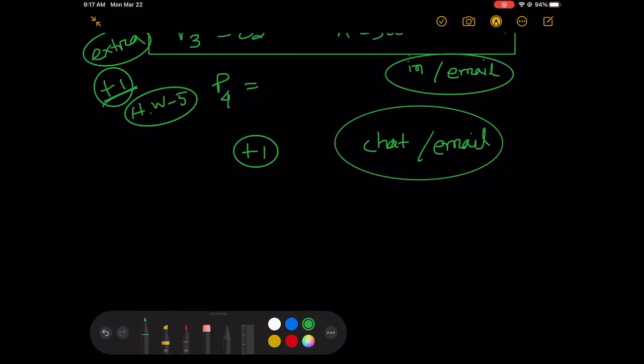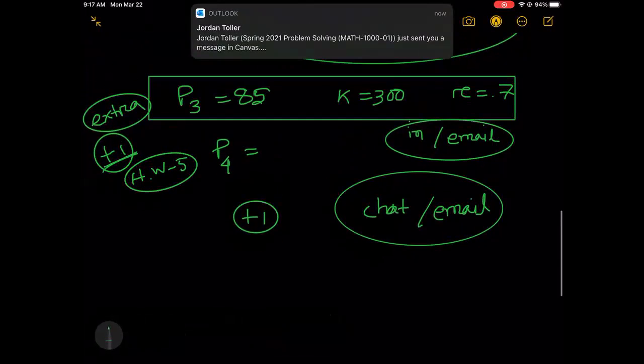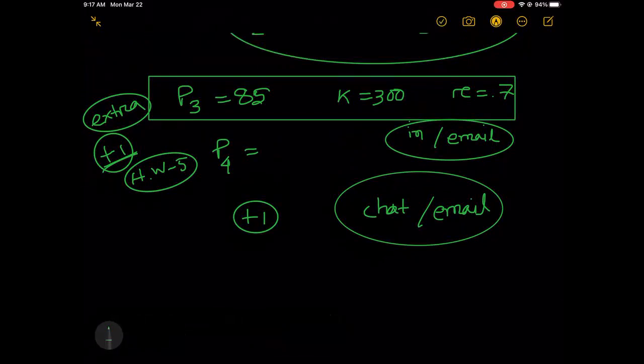And that number is 85, correct? Yeah, let me have that open. Yeah, so P3 is 85. And of course, we are trying to calculate P4.